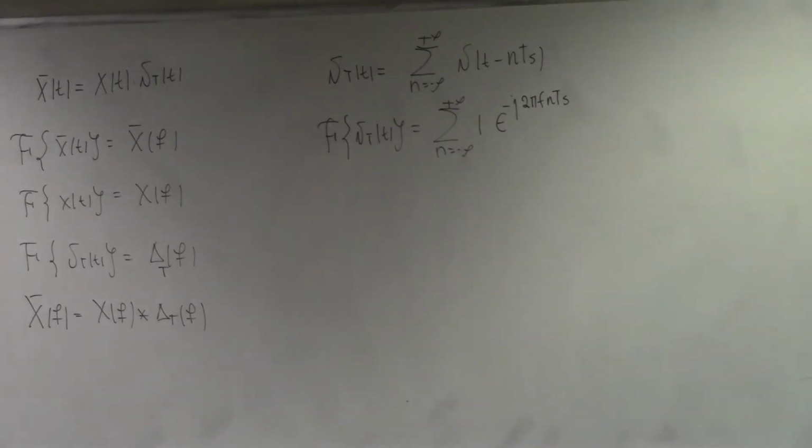So that's the Fourier transform of delta T of t.